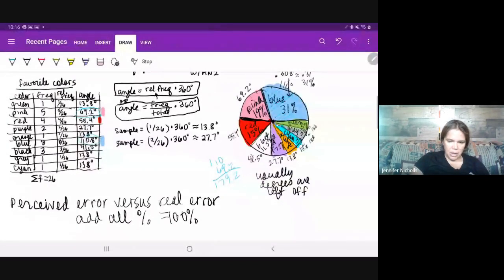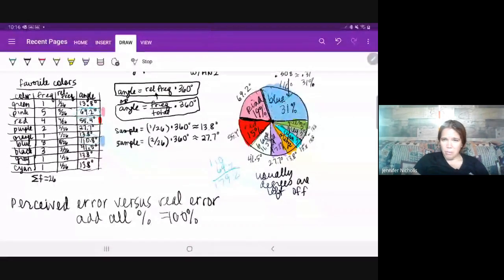Hold on, let me add it again. 31 plus 19 plus 15 plus 11.5 plus 13.8. Oh, it's not 13.8. It's 3 times 4 plus 17.7. Hold on. Yeah, you guys, I get 106.2.